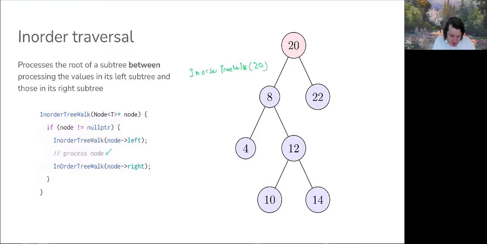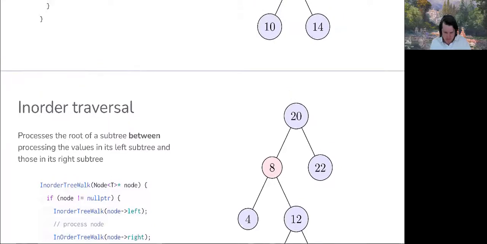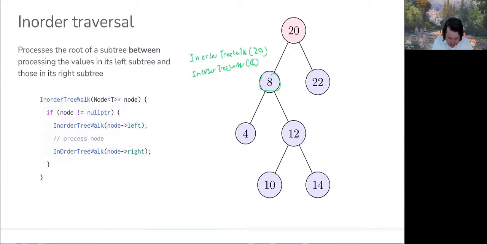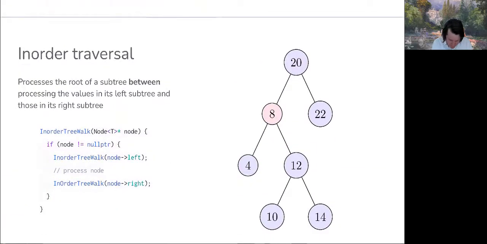Okay, so what's the first thing we do here? We check if we're at the base condition. We're not. So we're going to go ahead and call in-order tree walk on the left node. So here we'll fire up in-order tree walk on 8. Let me just copy this, and I'll walk through this.